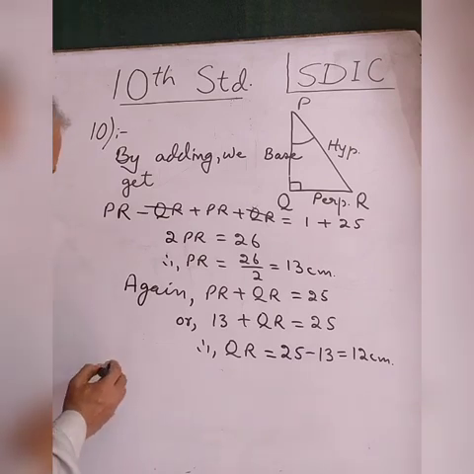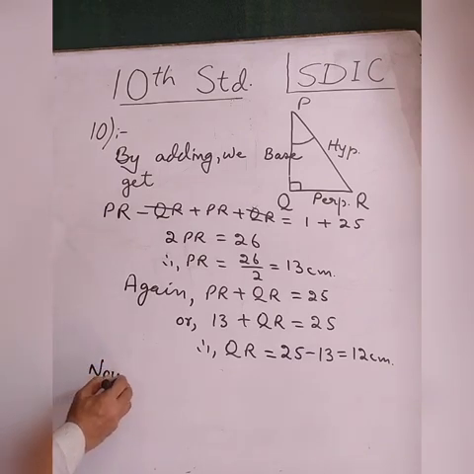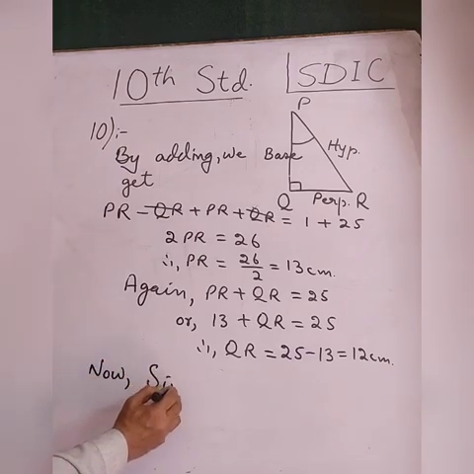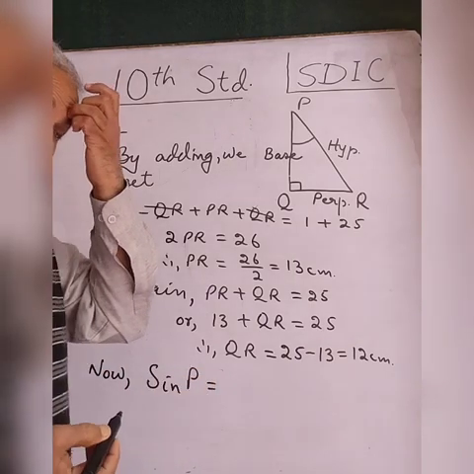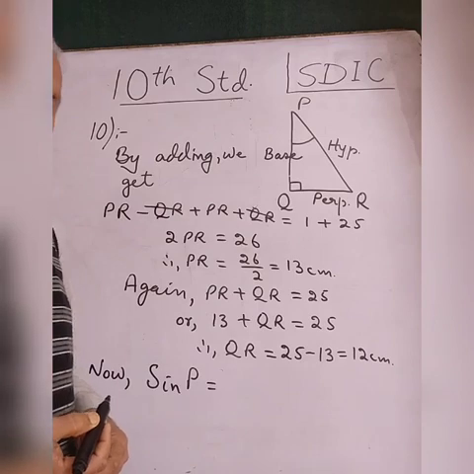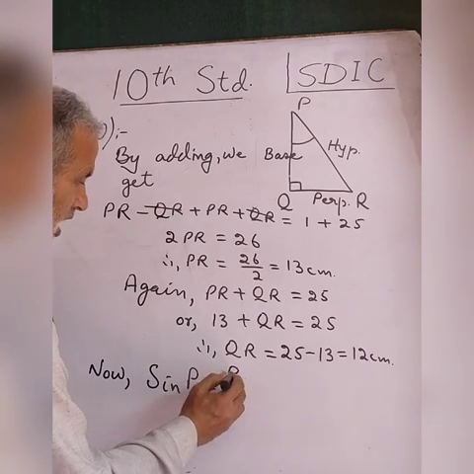Sine P we have to find first. Right now, sine P is equal to, recollect the definition of sine. Sine is perpendicular by hypotenuse.